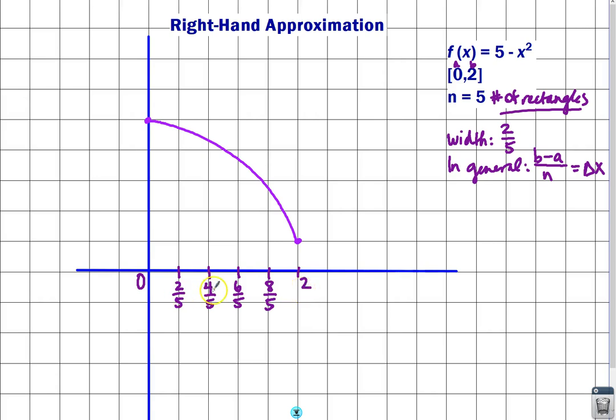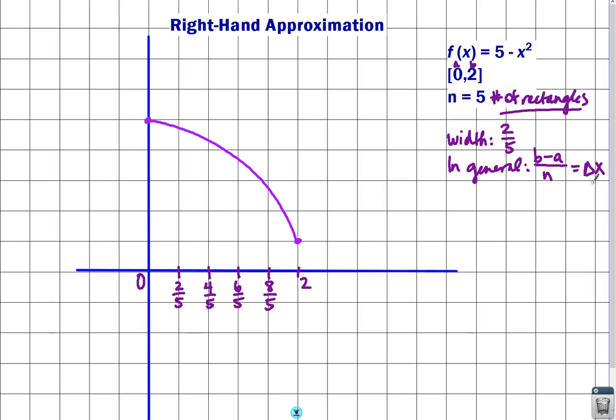So these are the x values I'm going to use to help me find the y values on my function. Okay, and I determined those by looking at my delta x, or the width of each rectangle, and where I started from. Okay, so what I'm going to do now is let's go ahead and draw these rectangles here.